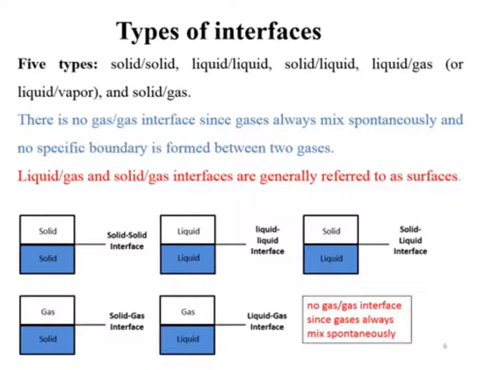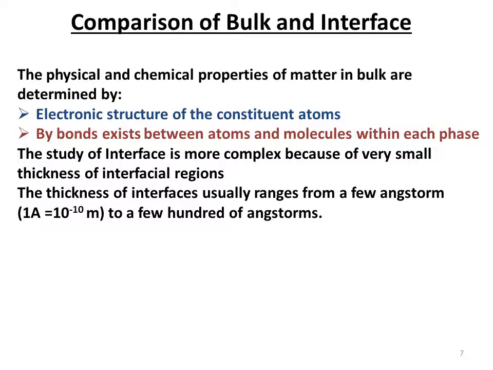Okay, let us go to slide number 7. Comparison of bulk and interface. The bulk is a phase, any phase, solid or liquid or gas, but an interface is a boundary.